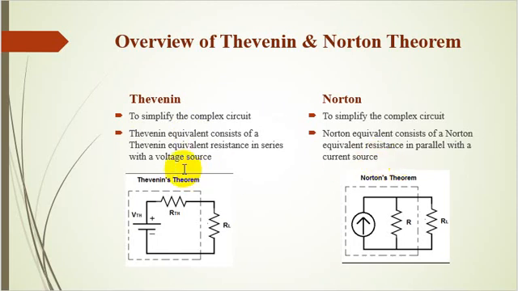The main difference between the Thevenin and the Norton is that the Norton equivalent circuit consists of a Norton equivalent resistance in parallel with the current source. So this is the main difference between the Thevenin and the Norton theorem that we have already done in lab 10.